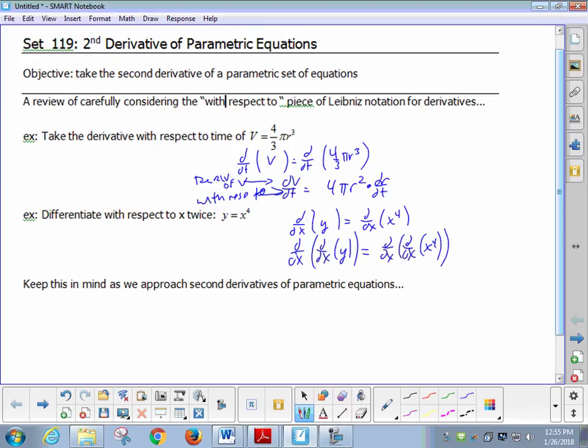Notation-wise, if I were to clean this up then, the top is the derivative of the derivative, or the derivative twice over of y. And both times it was with respect to x, which we could then say that way, right? The other side is obviously whatever, 12x cubed, or 12x squared, that's not important.